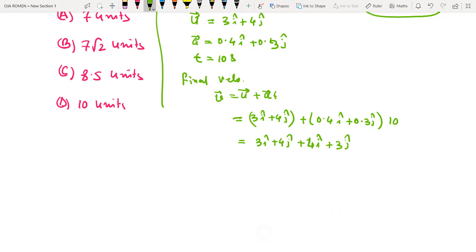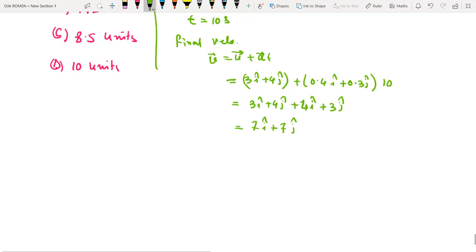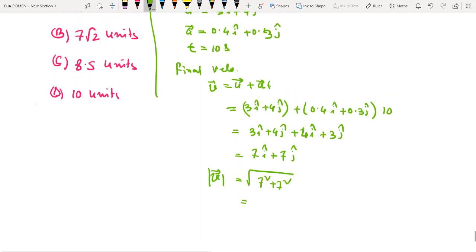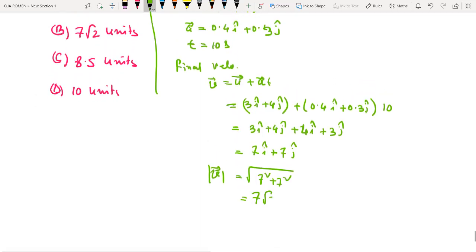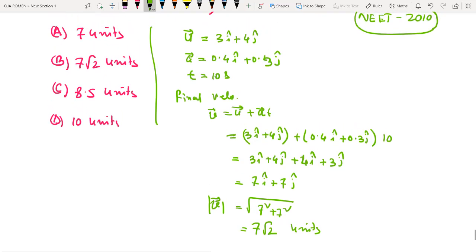So this is 7i plus 7j. Now magnitude is root of 7 square plus 7 square. So that is 7√2 units. So answer is B.